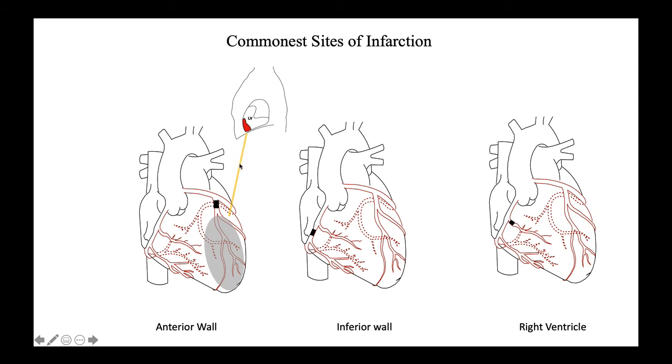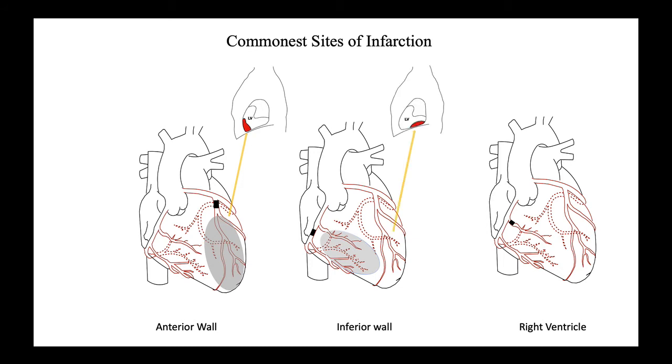Inferior wall infarctions, as I said, are commonly due to the right coronary artery, but sometimes could also be due to the branch of the left circumflex artery, which supplies the inferior and posterior wall in certain cases.